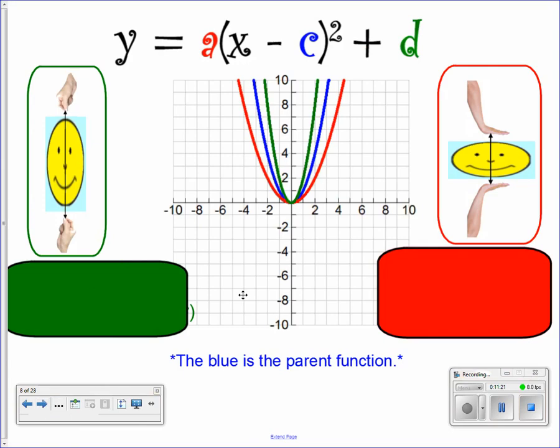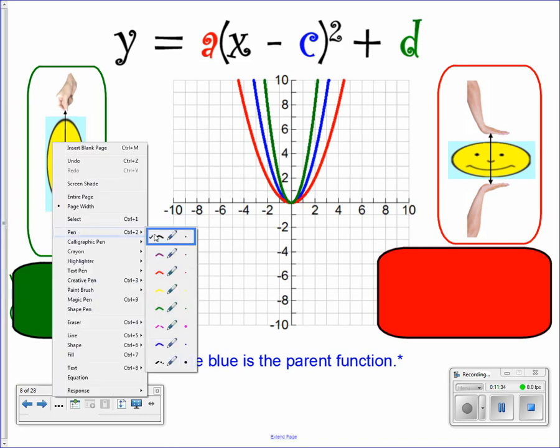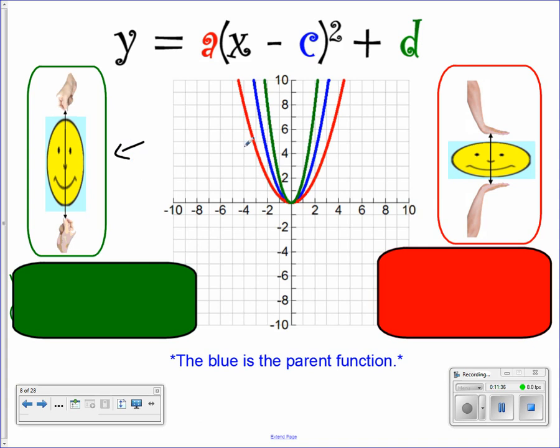So, for example, it's not on your paper, but just to give you a visual of what's happening. If I stretch something, I'm looking right here at this smiley face that's being stretched. If the blue parabola is my parent function, and I take it and I stretch it, it's going to give me the green parabola.